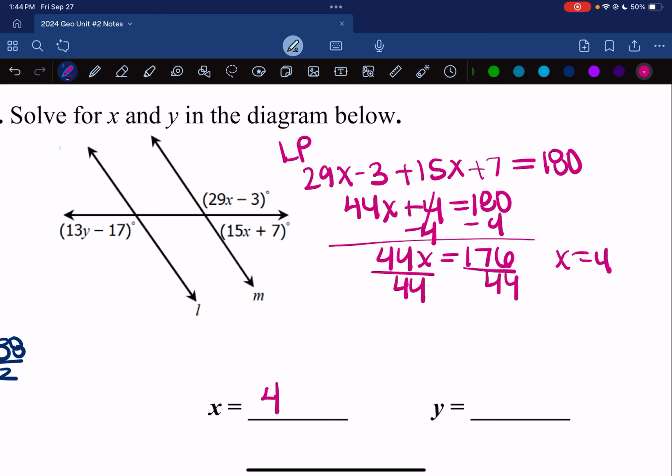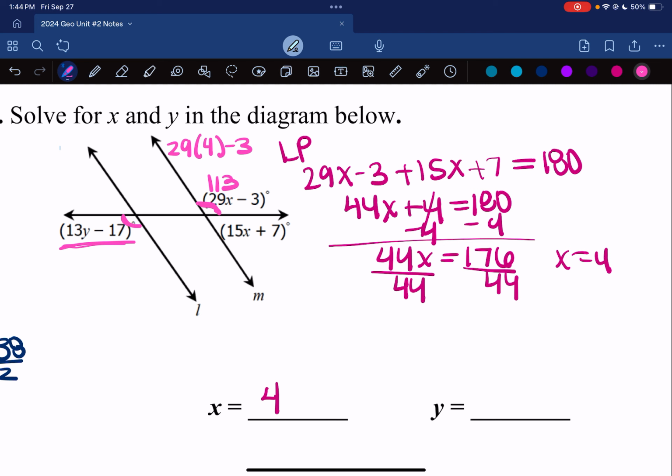Now, when we plug back in, we have to be careful. We want to make sure we plug into this top angle, the 29x minus 3, because that's alternate exterior angles. They would be congruent with this y expression. So 29 times 4 minus 3 gives us 113.